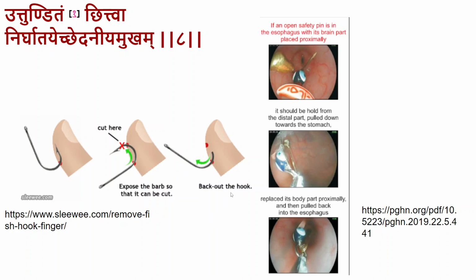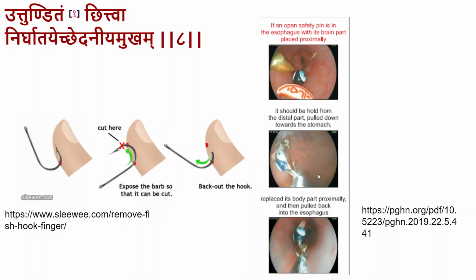Now, when you remove and handle this, another important thing to consider is the shape of the foreign body. If there is a sharp or cutting surface, with possible injury to the tissue as the exposed part is negotiated, that part has to be cut off. Uttunditam chitva nirghatayet chedaniyamukam.